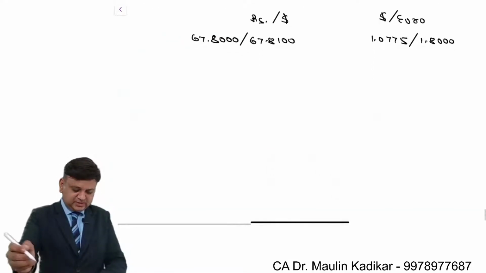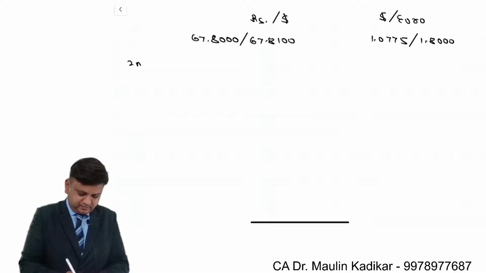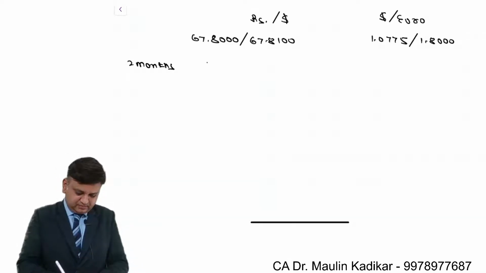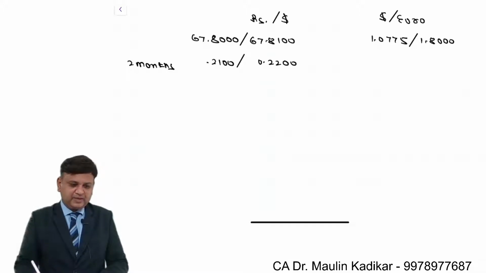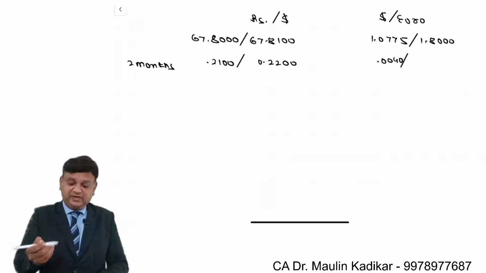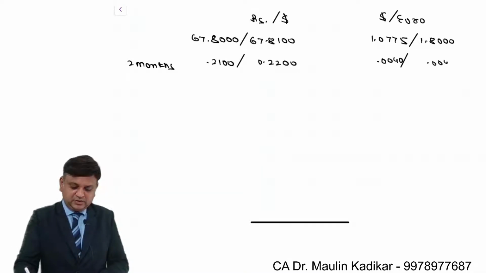As far as the 2 months is concerned, for 2 months it is 21 paise slash 22 paise, and over there it is 0.40 cent, so 0.0040, and 0.45 cent, so 0.0045.